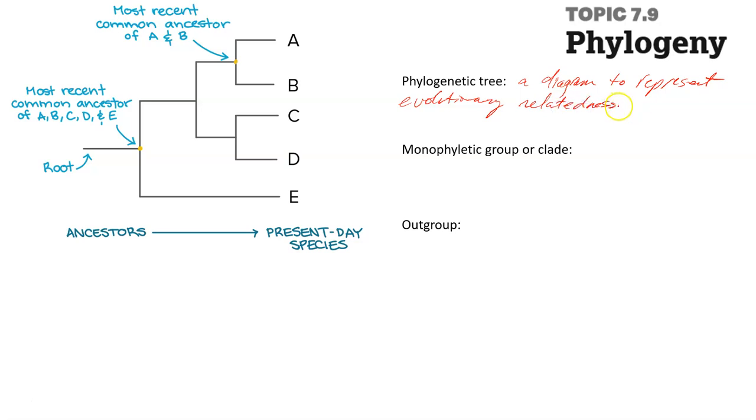Not unlike a family tree, obviously with species rather than individuals, but it is very similar in the fact that you are looking at the relatedness between different species that you're studying. In this case, to the left, A, B, C, D, and E.